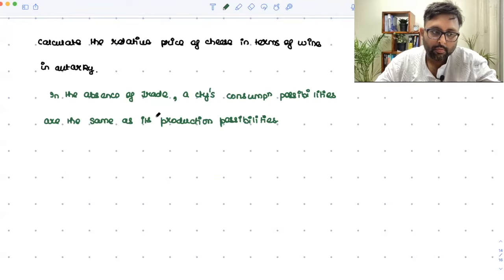So if we assume that the prices are positive, and we are not going to assume that anything is free, then the slope of the PPF will be the relative price.